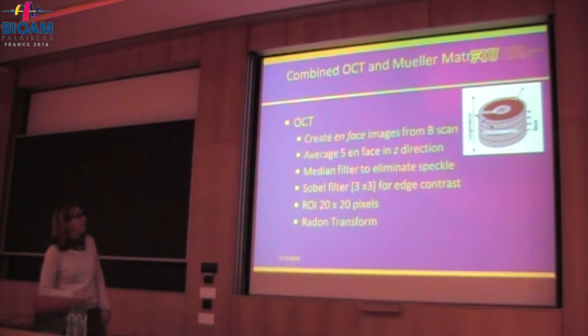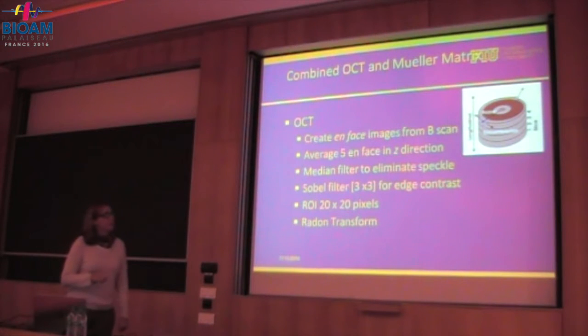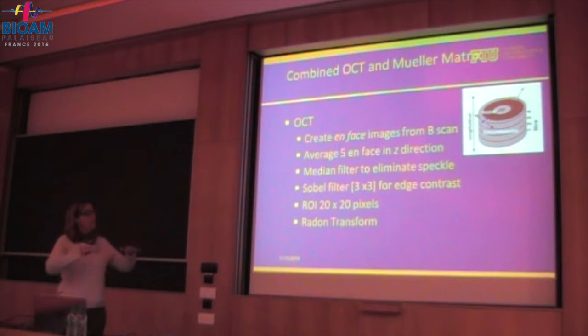So we are looking at the cervix, and to look at the cervix with OCT, we have to create en face images. You take a series of B-scans, you create a volume, and then you look at the en face imagery from the top down. To create this, you average the en face images.